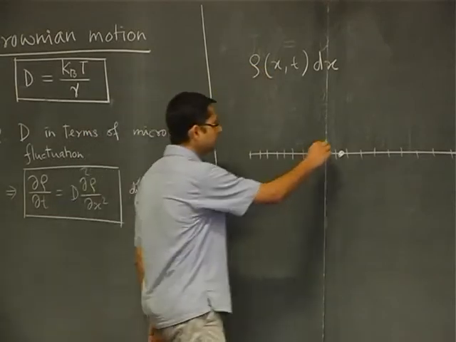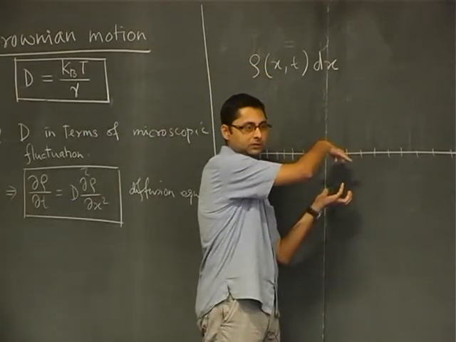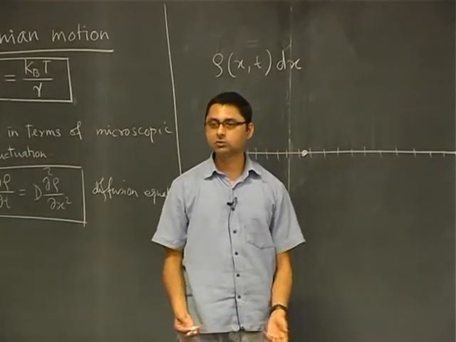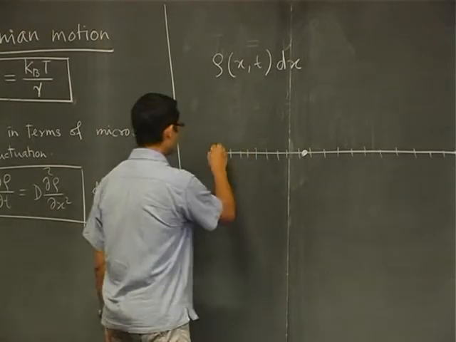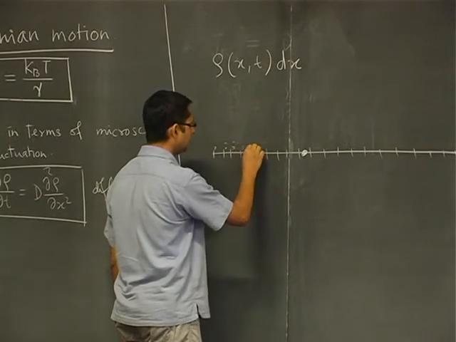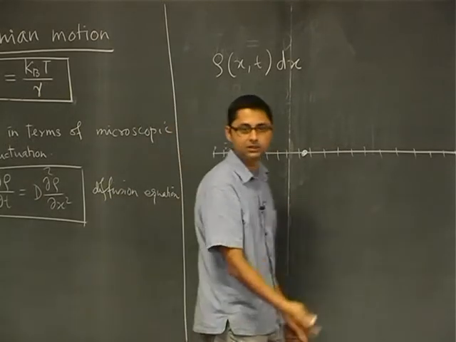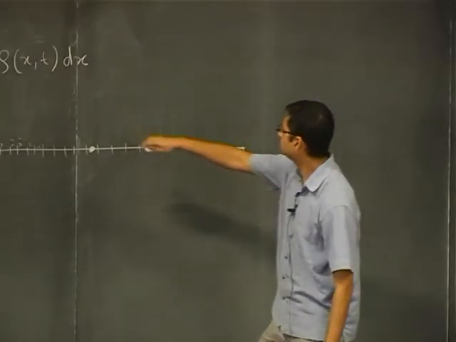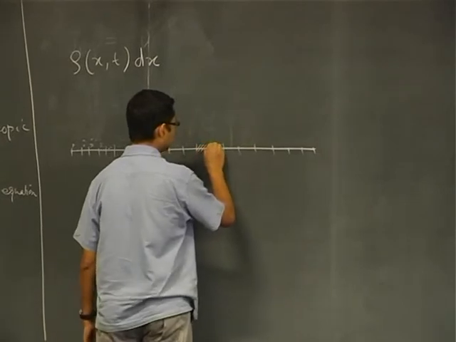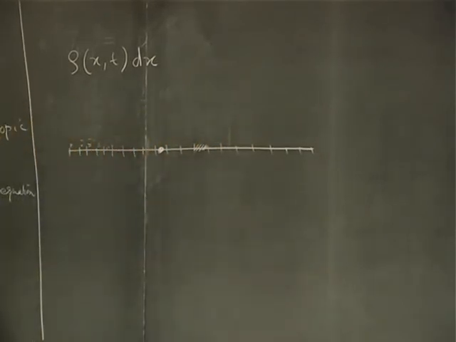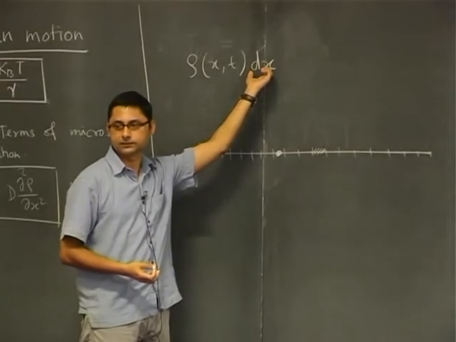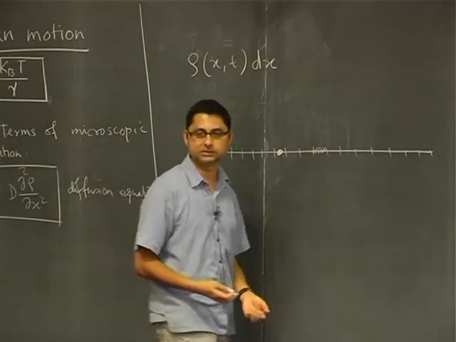Initially you will release N particles here and then let them evolve up to time t. What will happen after time t? There will be some particles here, some here, some here, and so on, right? Now if you want to find this quantity at x, for example this is x, you'll just find out how many particles are here, and divide by delta x. This will give you the density, that's the definition of density, right?